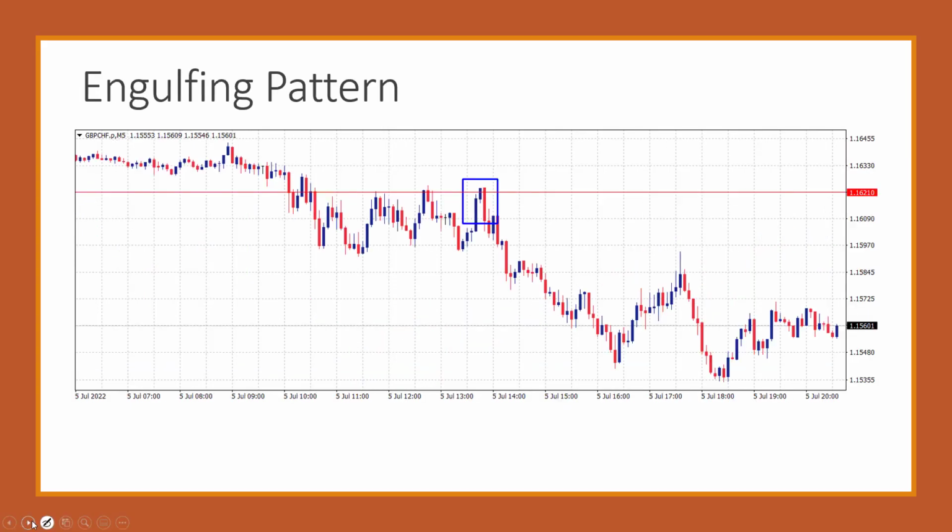Now, looking at one of the candlestick patterns that we like to use. This is the engulfing pattern. So what we can see here is we've got an area of resistance. We broke through, we almost retested at this point here, but didn't quite get to that level.